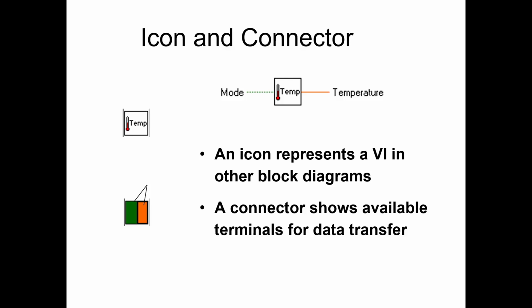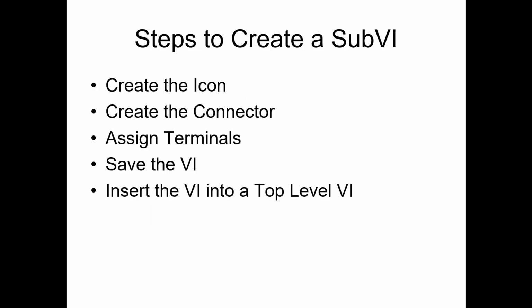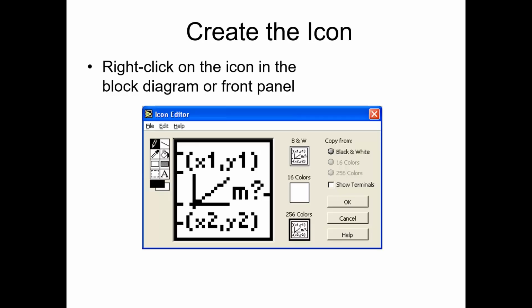For every VI, we have an icon that represents that particular VI. Similarly, we have certain connectors which represent the input and the output data. The steps to create the SubVI: create an icon, create the connector, assign the terminals, save the SubVI, and insert the VI into the top level VI or another VI.